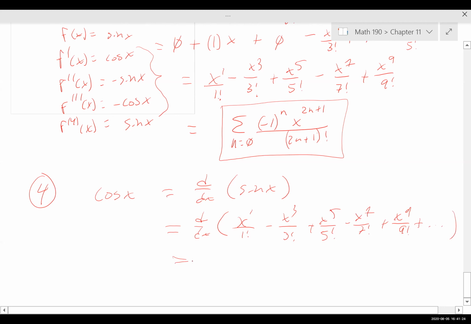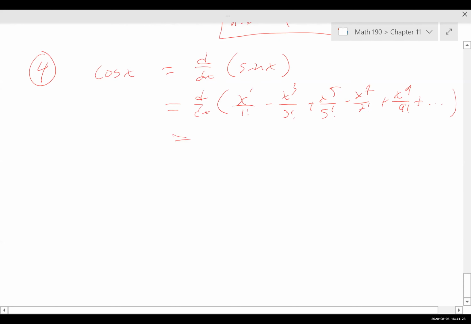So let's take the derivative of each of these things term by term. What's the derivative of x? Isn't that just 1? What's the derivative of x cubed?